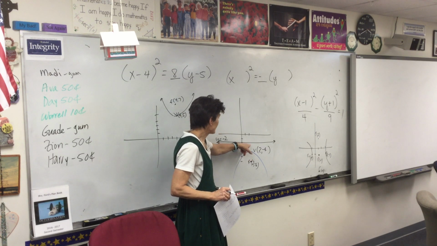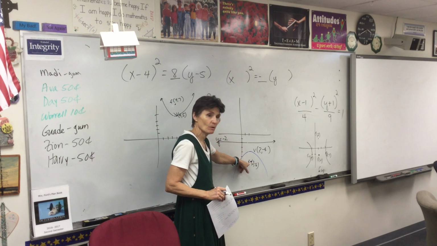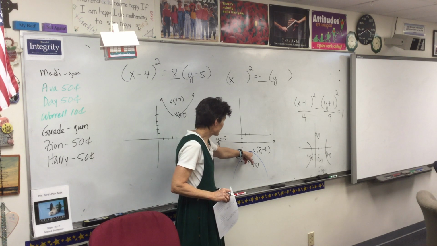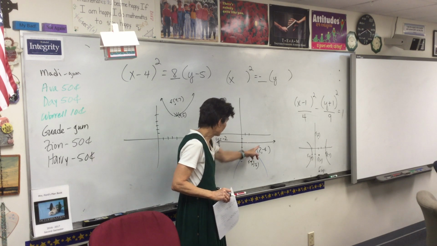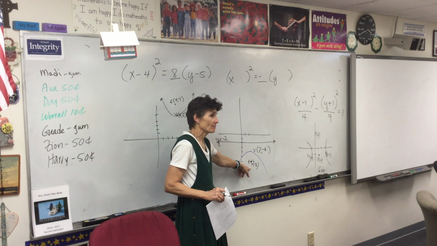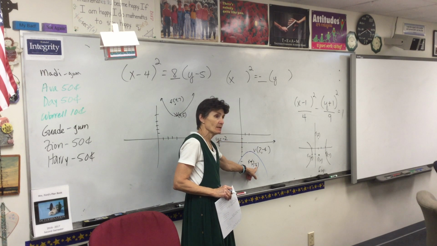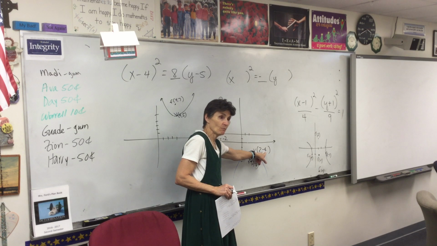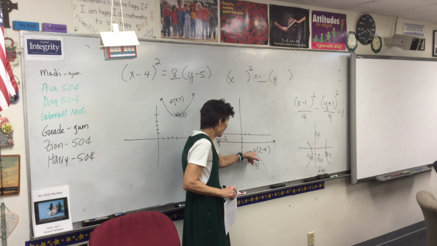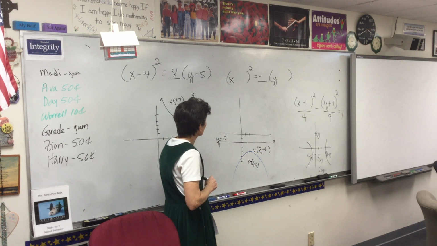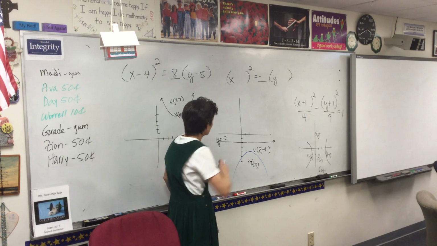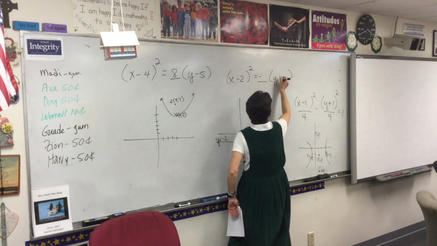Isn't it the same distance to the directrix as it is to the focus? So isn't this going to be right in between the directrix and the focus? So if this is at negative 2 and this is at negative 6, right in the middle would be -4. So my vertex is the point 2, -4. So x minus 2, y plus 4.